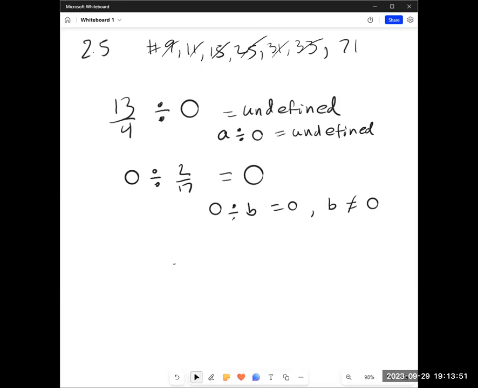All right, let's go ahead and jump to number 71. Similar problem to that, we have 125 over 54 divided by 5 over 18.